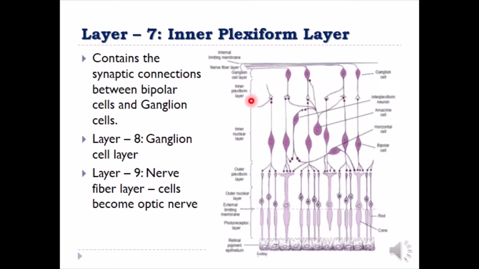So inner plexiform, ganglion cells, and nerve fiber layer. All these nerve fibers will get collected at the optic nerve head and become the optic nerve. So that is how each of these layers functions.